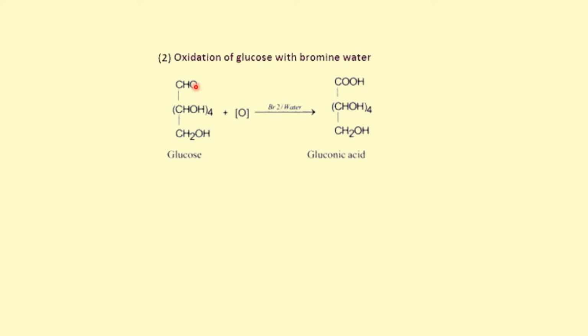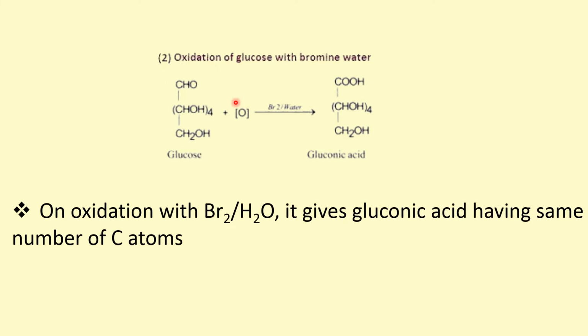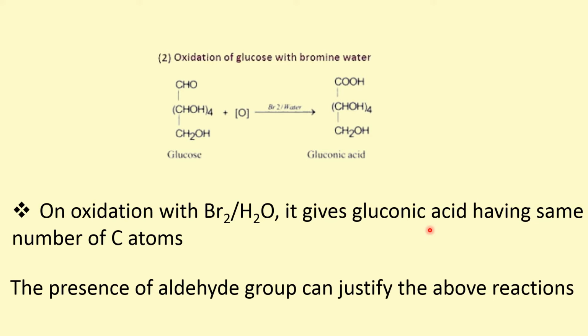Ketones on oxidation give acid with fewer carbon atoms. So this proves that the aldehyde group is present in the glucose molecule. The presence of aldehyde group can justify all the above reactions, that is oxime derivative, cyanohydrin derivative, formation of gluconic acid, etc.